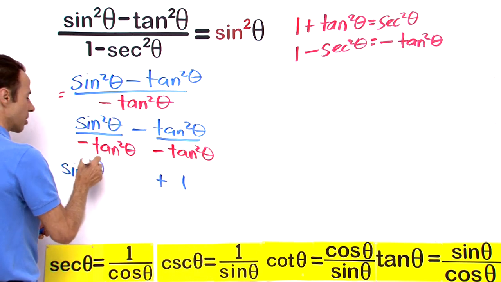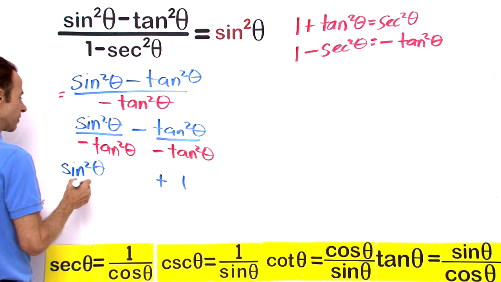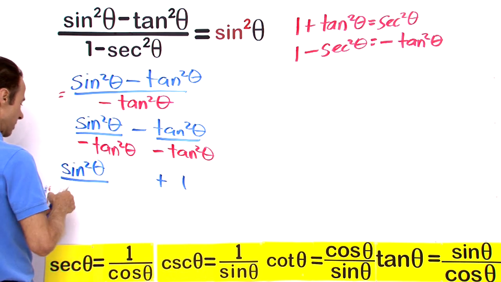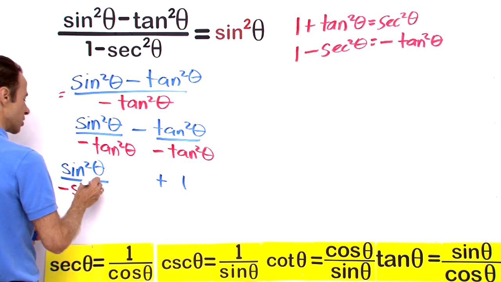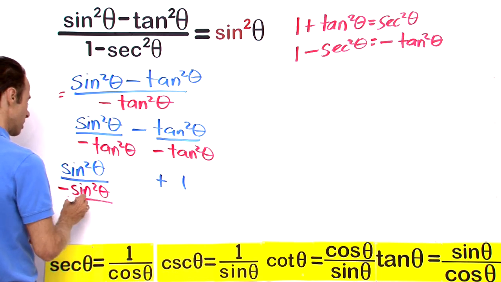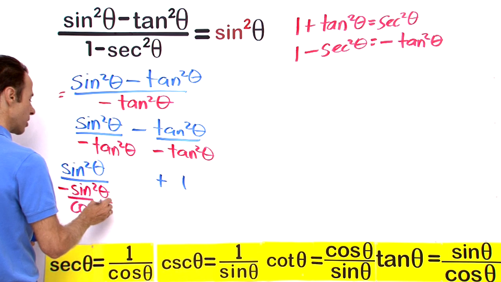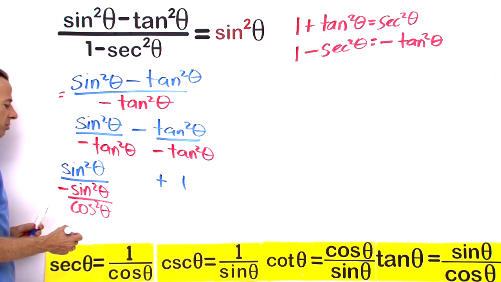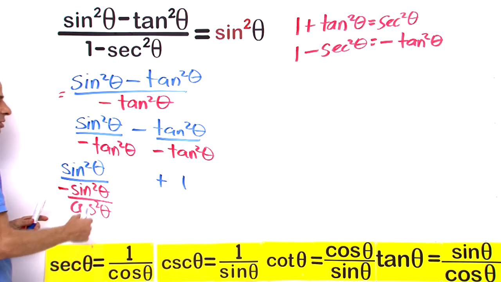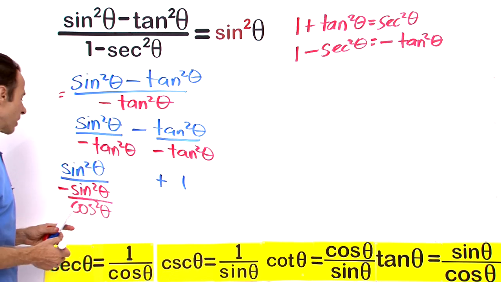So we've got here sine squared theta, and what we want to do is divide that by another sine squared theta all over cosine squared theta, don't we? So how do we do that? Well, why don't we turn this upside down and multiply by it? So I'm going to go over there and work that out.